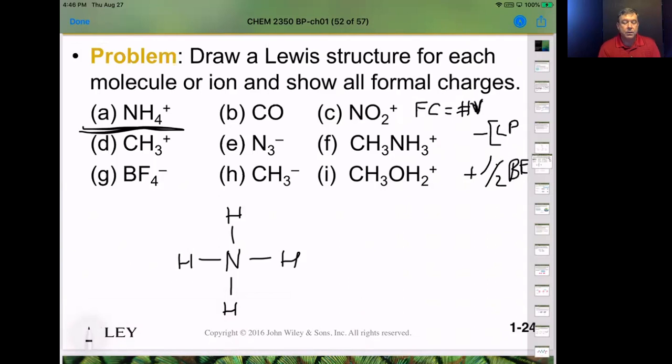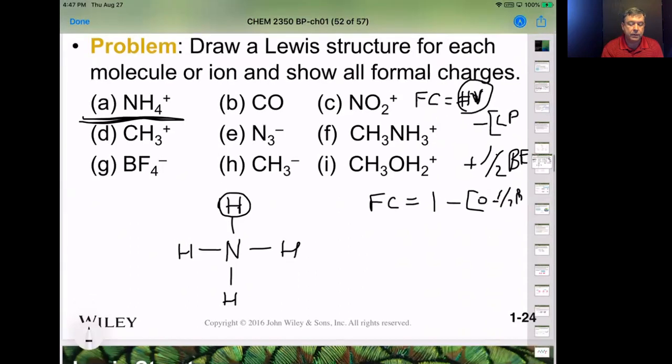Okay, so let's just do an example for hydrogen right here. Our formal charge on hydrogen is going to equal the number of valence electrons it brought as a neutral species. And for hydrogen, that was 1. So we're going to put 1 here. And then we're going to subtract from that the number of unpaired electrons, which is 0. And then 1/2 of the bonded electrons.